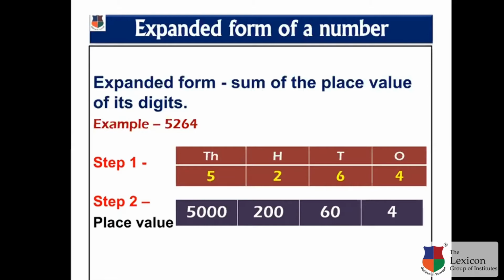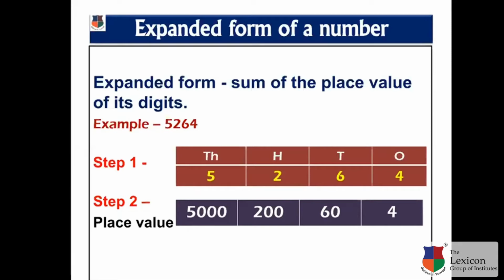2 is at hundreds place. So we will multiply 2 with 100. So what will be the place value of 2 here? 200, correct? 6 is at tens place. So what will be the place value of 6? 6 multiplied by 10 is equal to 60. And 4 is at ones place, correct? So I will multiply 4 with 1.